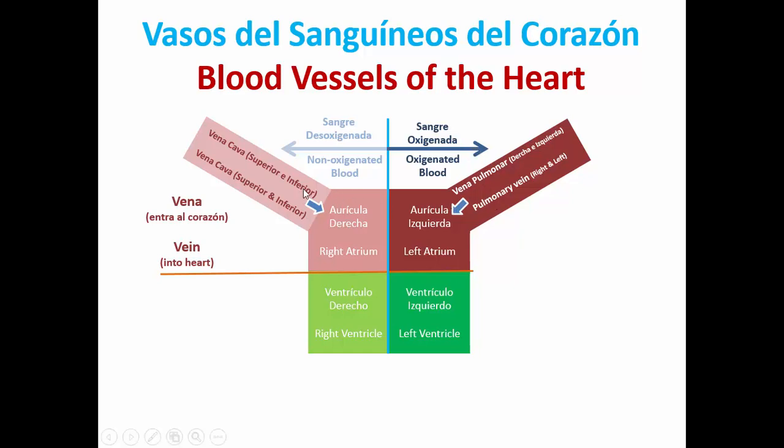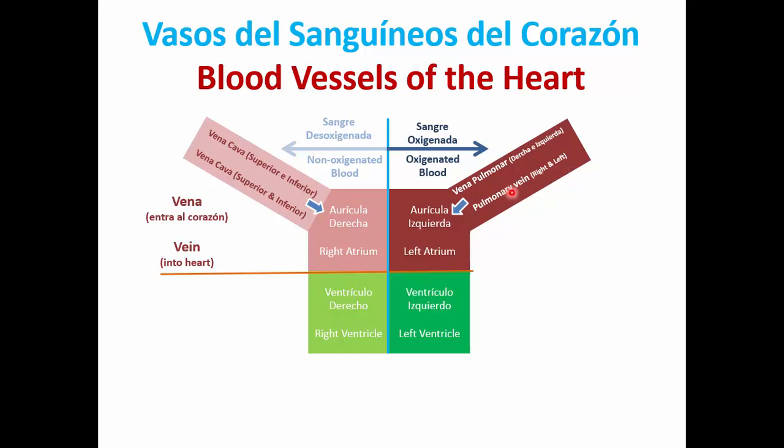You're always going to have two veins that connect to each chamber of the heart. For example, in the right atrium, you have the superior and inferior, or lower and upper, vena cava. On the left atrium, you have a right and left vein.